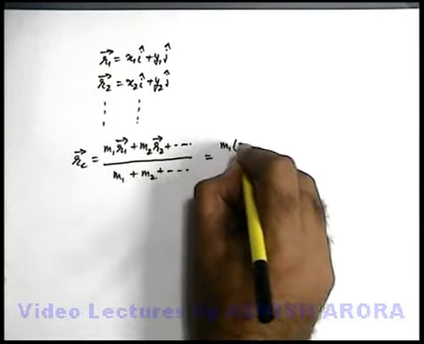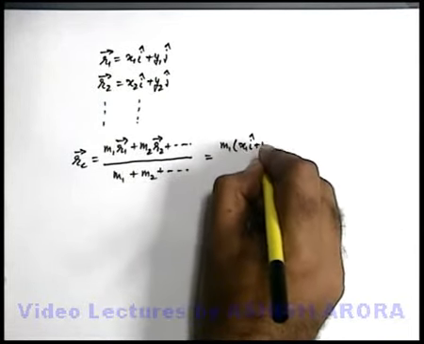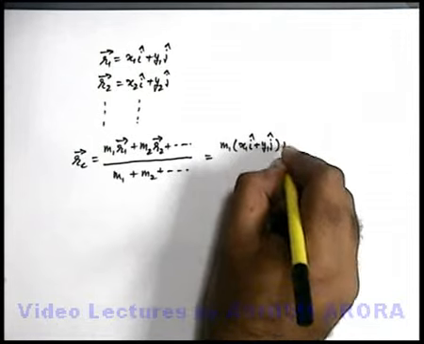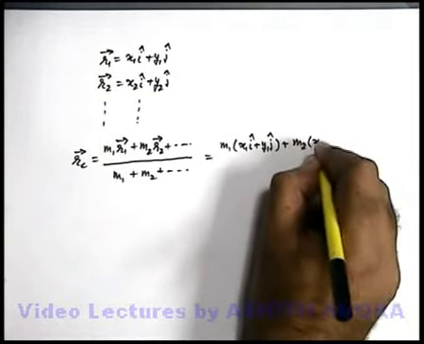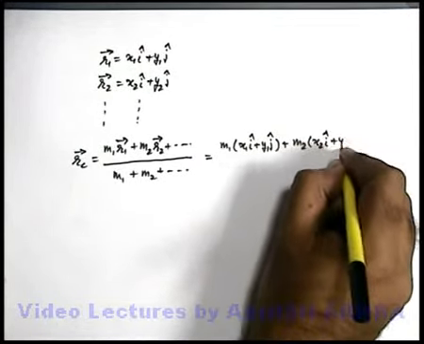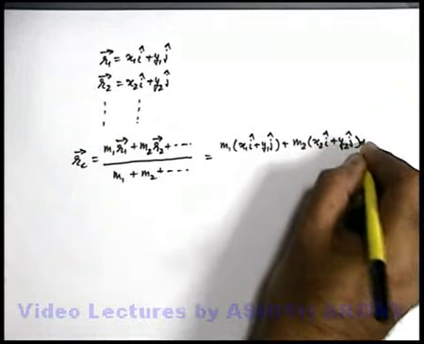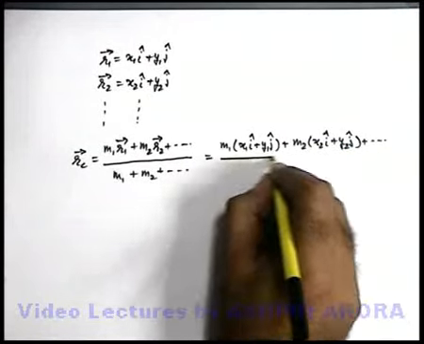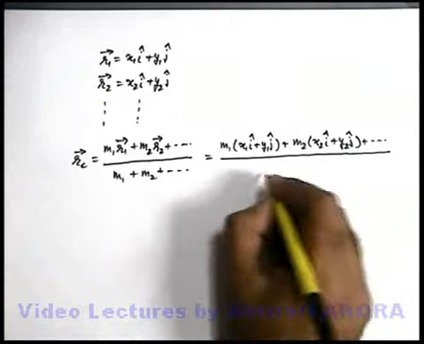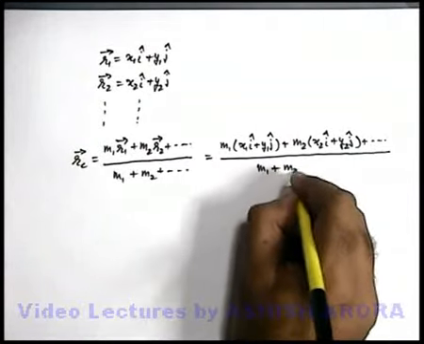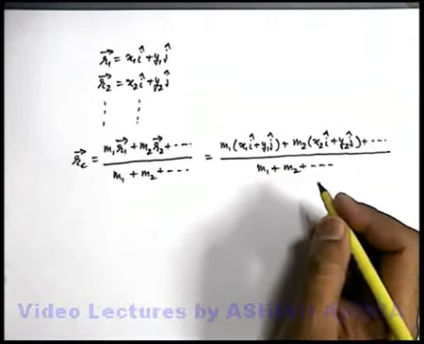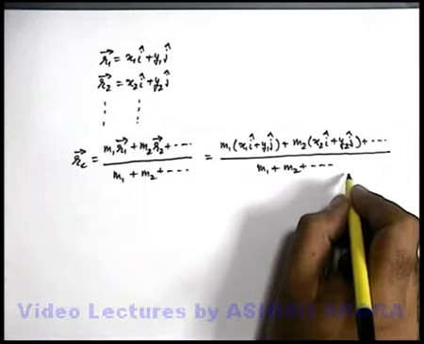Here it is m1 into (x1 i cap plus y1 j cap) plus m2 into (x2 i cap plus y2 j cap), and so on for all masses, divided by m1 plus m2 plus any number of masses we have in the system. We sum up their masses.